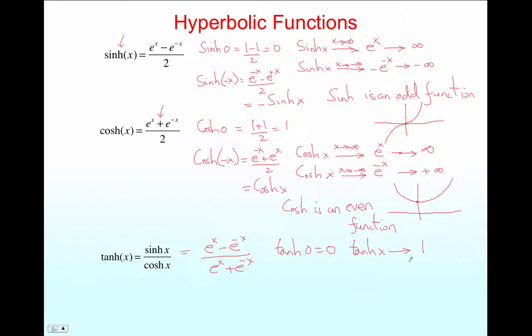So hyperbolic tan of x will approach 1 as x becomes very large. Of course, tanh of minus x, because it is an odd function divided by an even function, is itself going to be an odd function. On the other side, we see that tanh of x will go to minus 1 as x becomes very, very large in the negative direction.